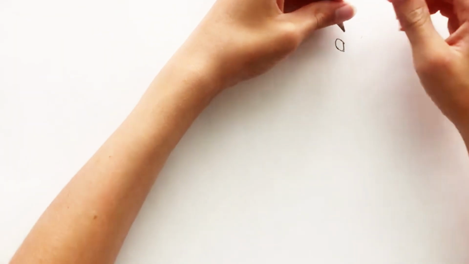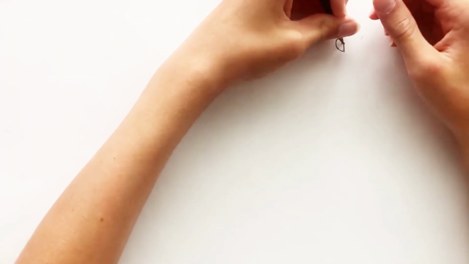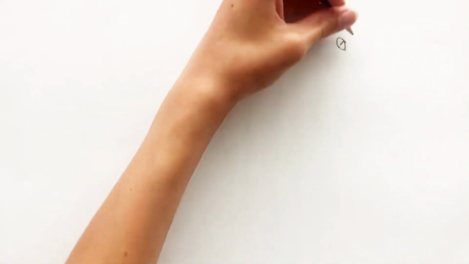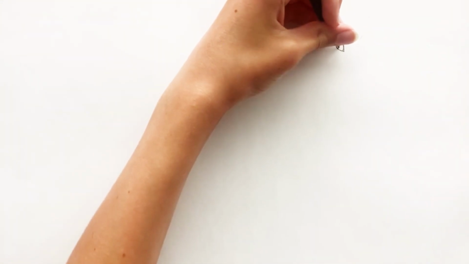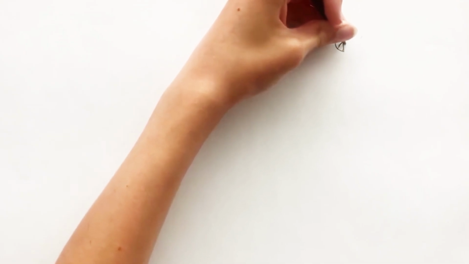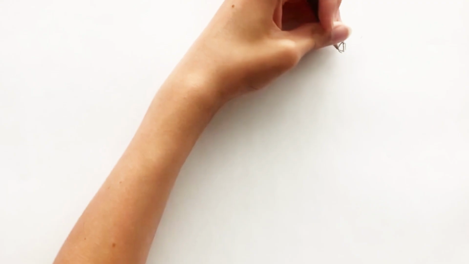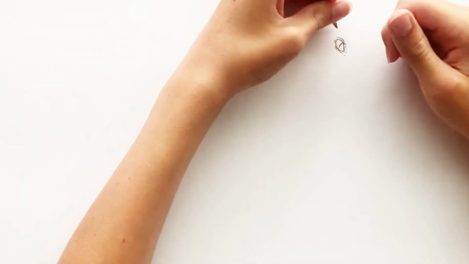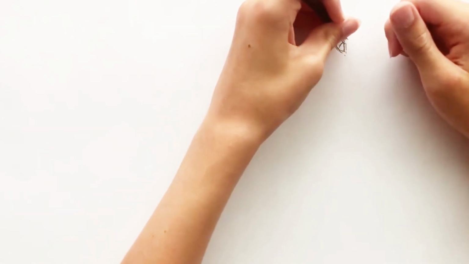We can also add very sharp pupils. Just like that. We can also just add some lines like that. Okay, so it's going to be like that. And just add some over here, and a little bit more of this stuff up here.